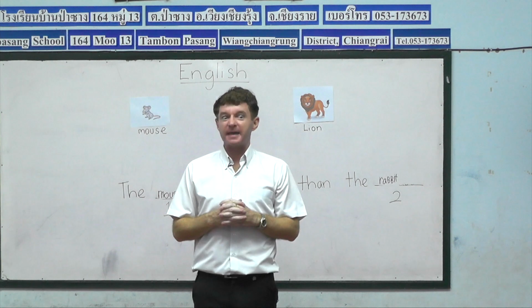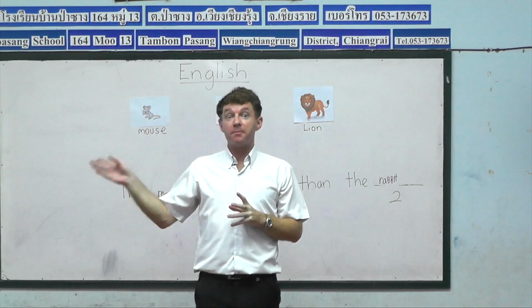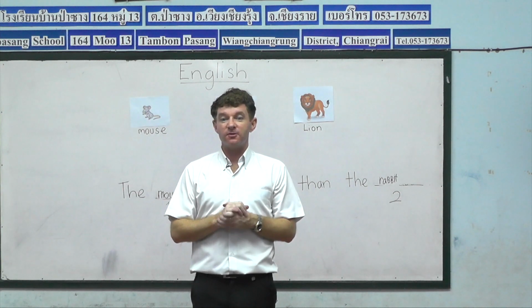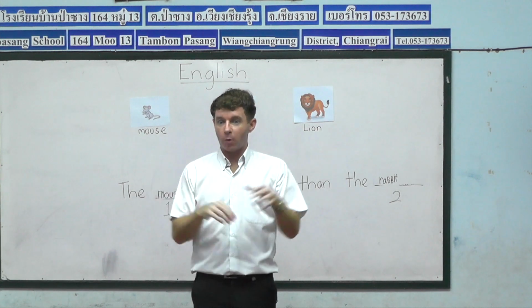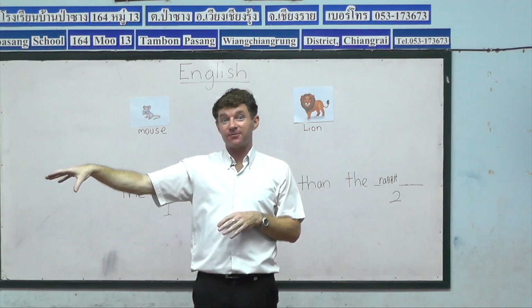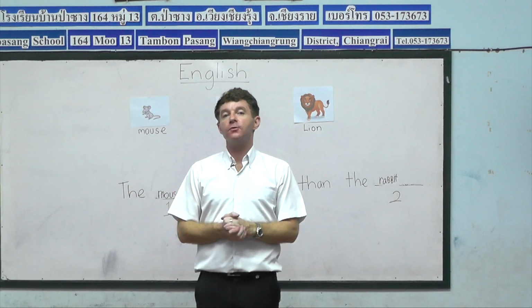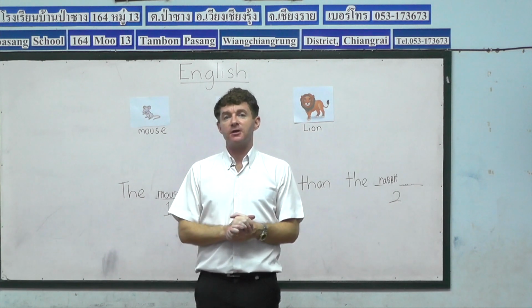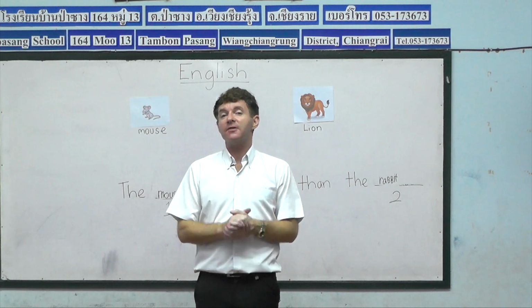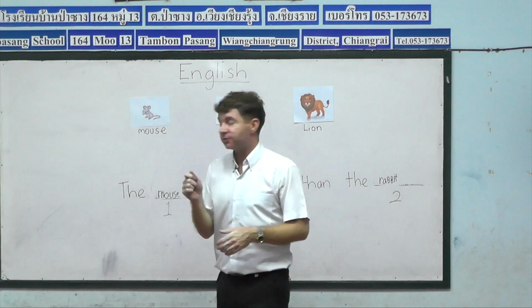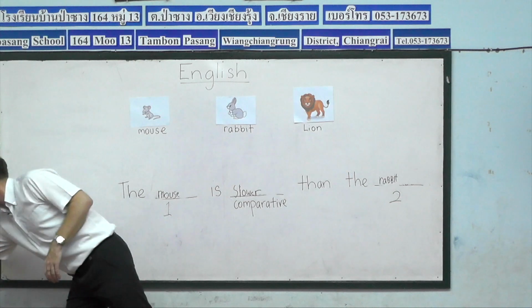And now it's game time. Remember, in the PowerPoint presentation, we learned all the different ways to turn adjectives into comparatives. So teachers, what you'll need to do now is print off the flash sheets for this lesson, and all of the adjective words, you'll need to cut them into individual strips.